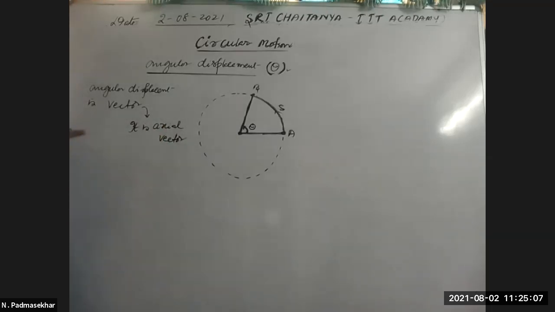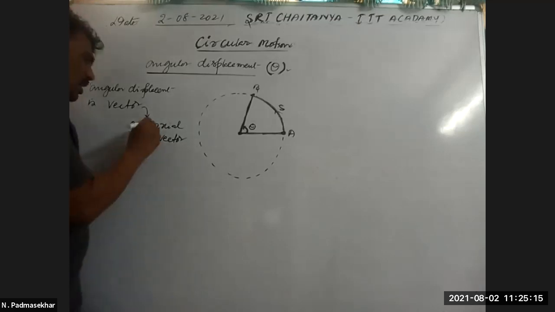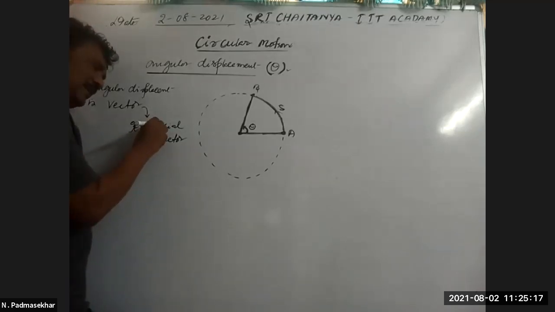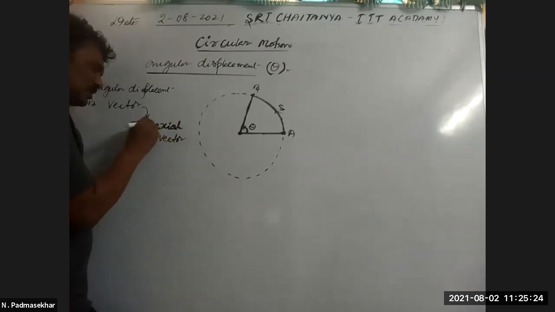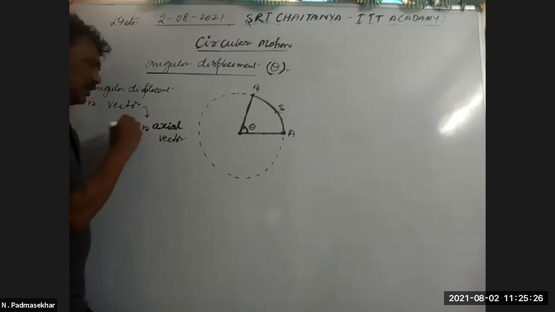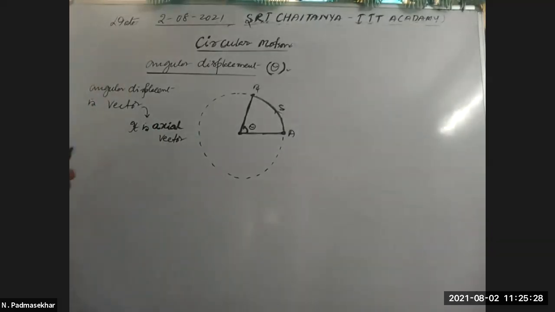Axial vector means the direction of the angular displacement is along the axis. Direction along the axis unde a vectors aina axial vectors. So along the axis, ela cheppochu along the axis.